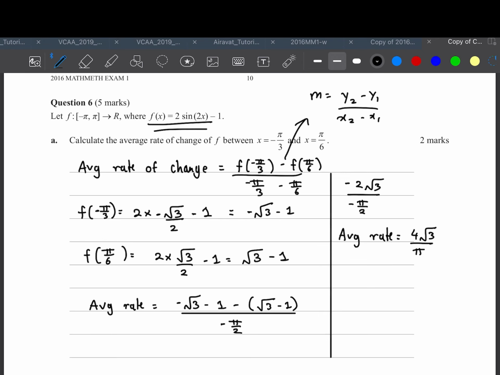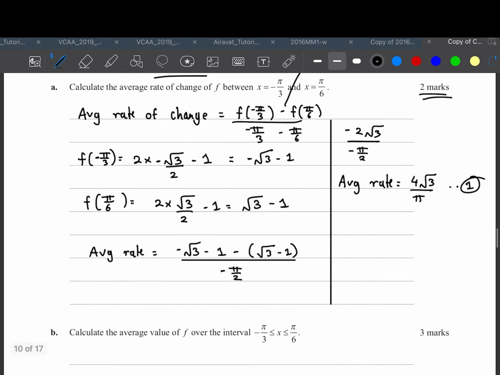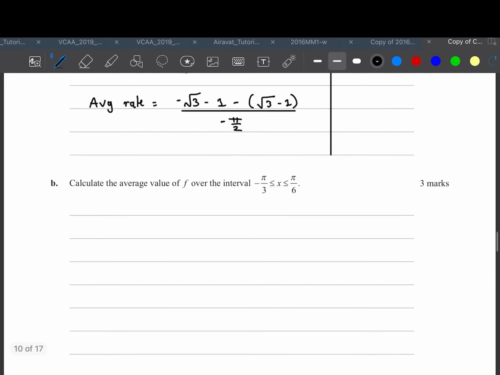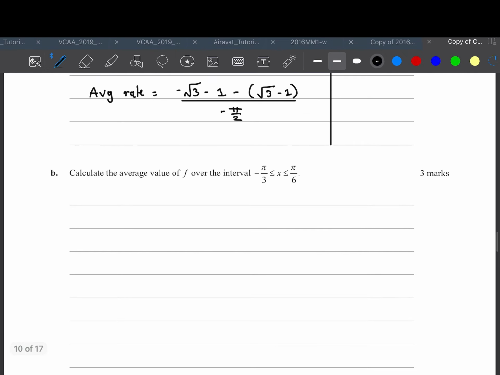Now 1 mark for the correct working out, because it's a 2-mark question, and 1 mark for the correct answer. Okay, calculate the average value of f over the interval. So average value has a formula, for those of you who forgot: 1 on b minus a, integral from a to b of f of x dx. So this is the average value formula, and we can just use that to calculate the average value here.